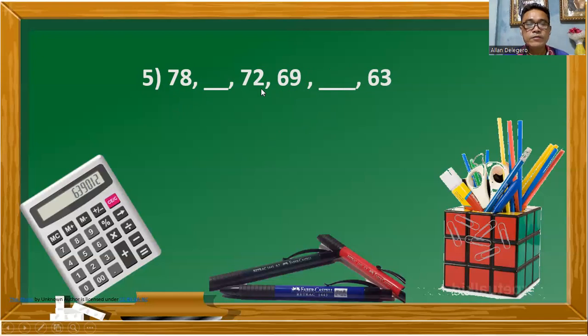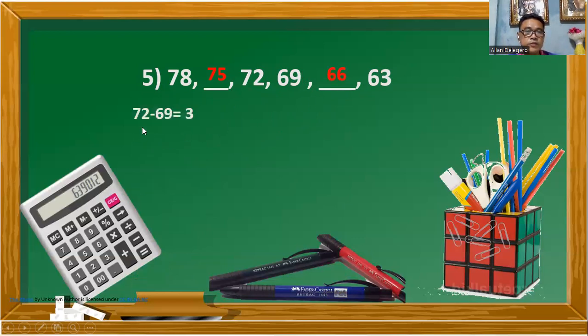So we have to find the difference of the two consecutive terms. So 72 minus 69. I will give you first the missing terms, 75 and 66.